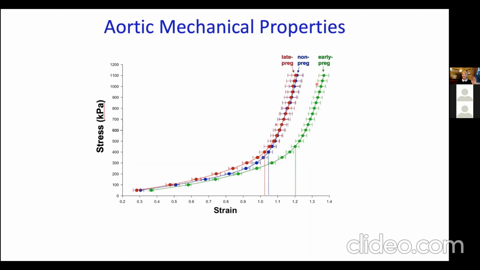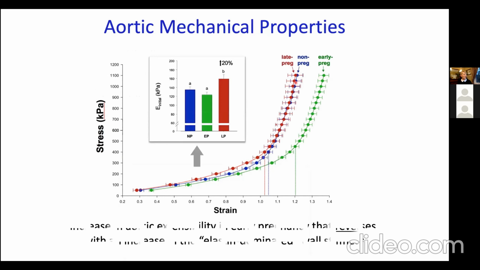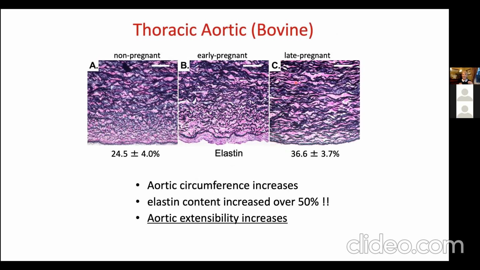In early pregnancy, the aorta becomes more extensible, and then that extensibility is reversed in late pregnancy. So again, the aorta ends up with mechanical properties identical to those in non-pregnant animals. But all the while it's doing this, it's increasing in size, as we've seen in humans.